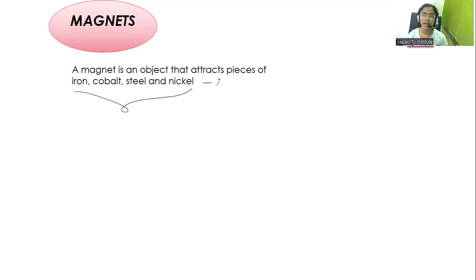They are called ferromagnetic materials. So, a magnet is an object that attracts ferromagnetic materials.